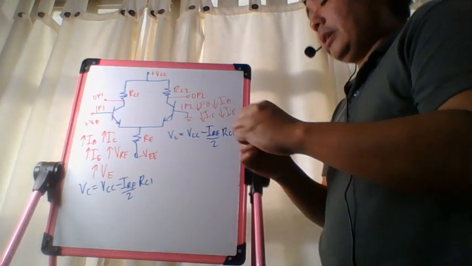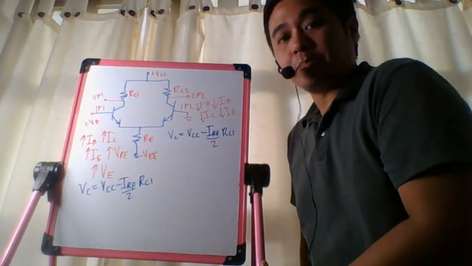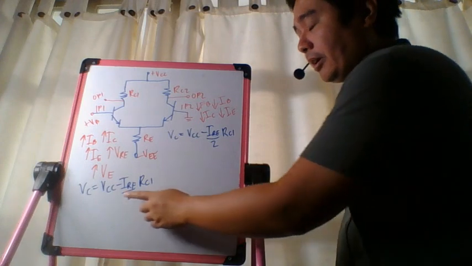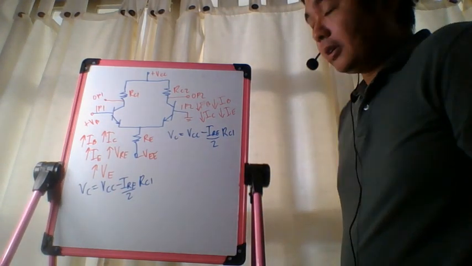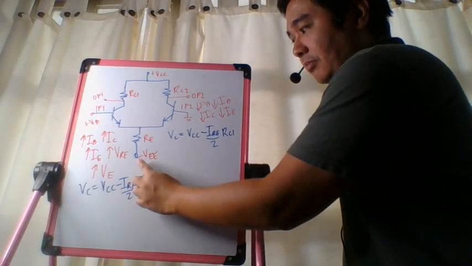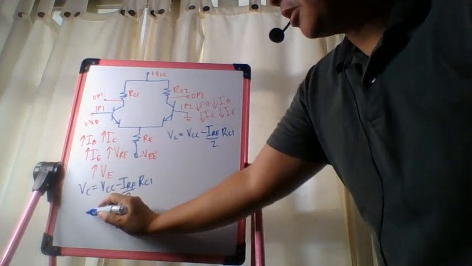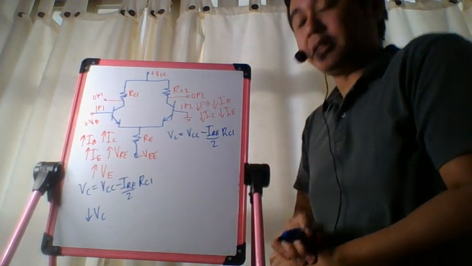So on the left side of your circuit, tumaas daw yung ating IC. Okay? So tignan natin kung ano magiging effect dito. Remember, IRE is a direct function of IC. So kapag tumaas to, ibig sabihin, ang magiging total natin, bababa. So VC will decrease on the left-hand side.